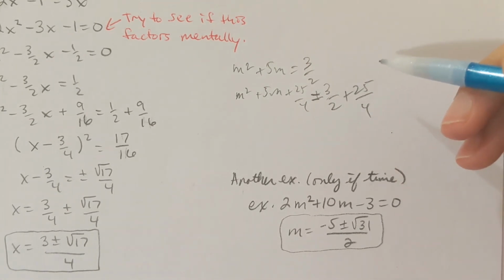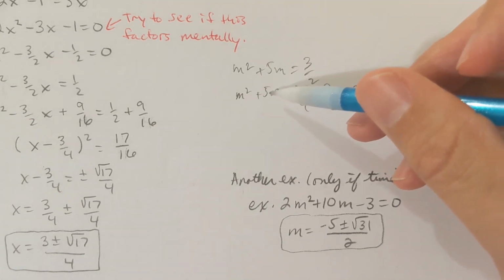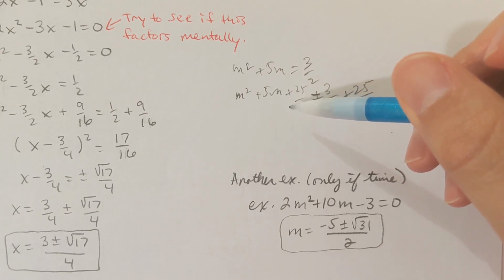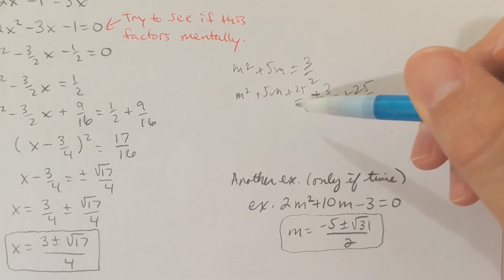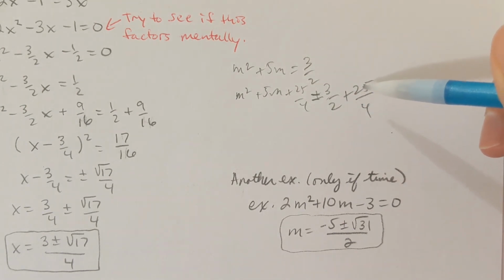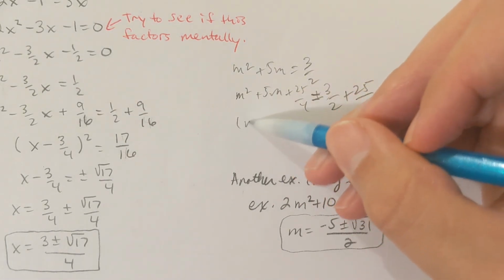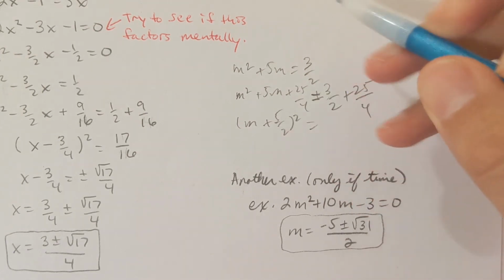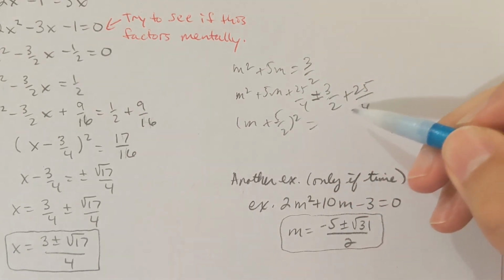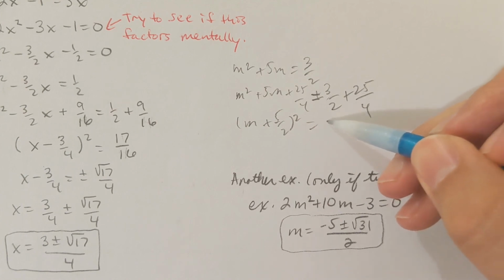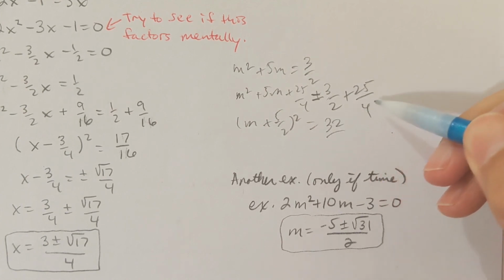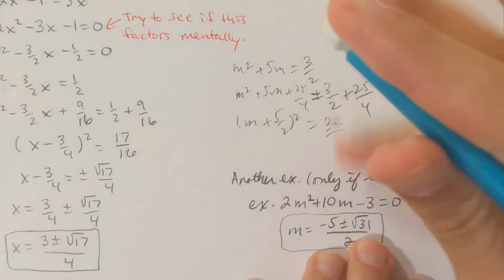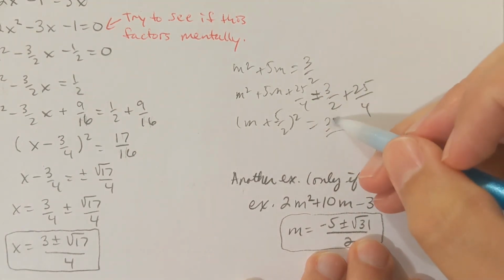So I take half of the number in front of m, and half of 5 is 5/2, squared gives me 25/4. Okay, so m plus 5/2 squared equals, let's see, 31 over 4.